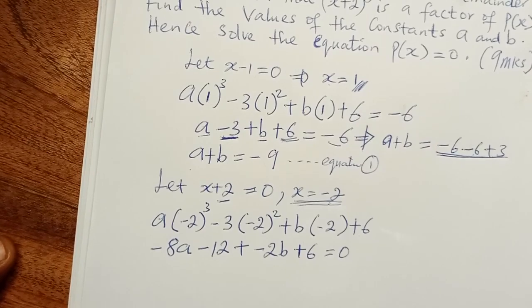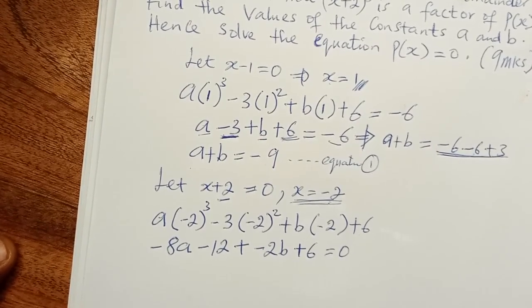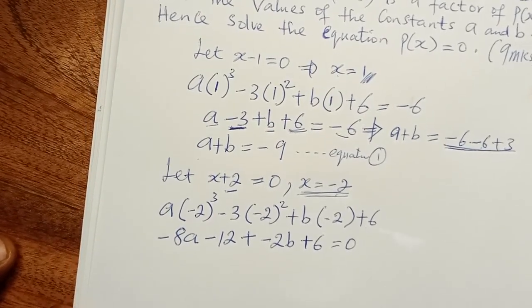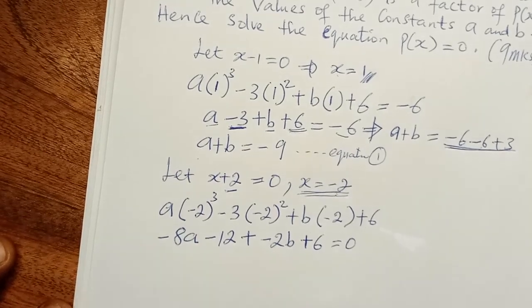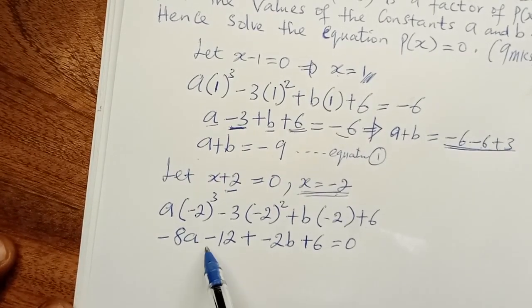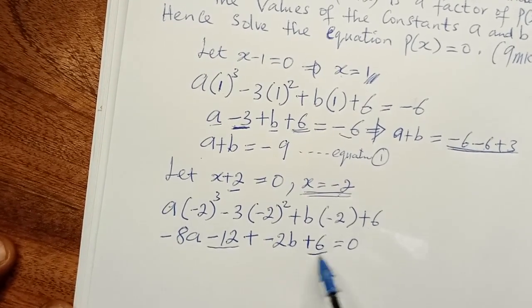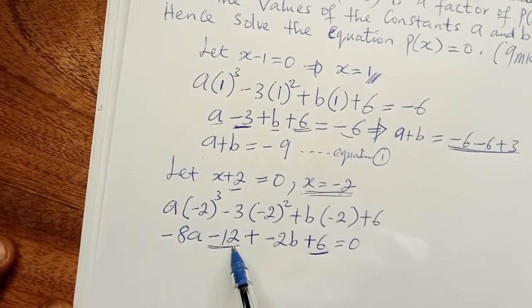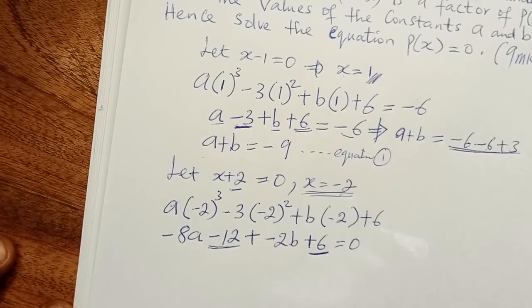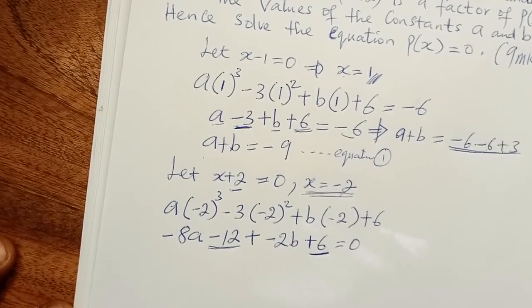Now, of course, let's try to group like terms together. Looking at this expression, we have here minus 12 and plus 6. So minus 12 and plus 6 is going to give us minus 6.